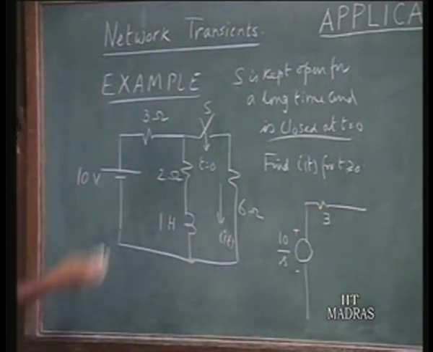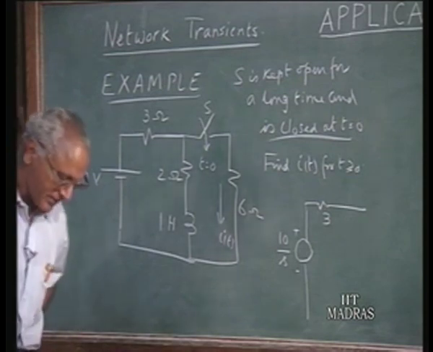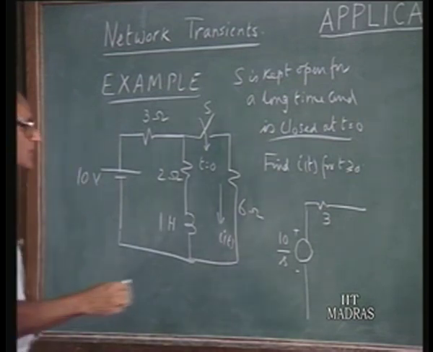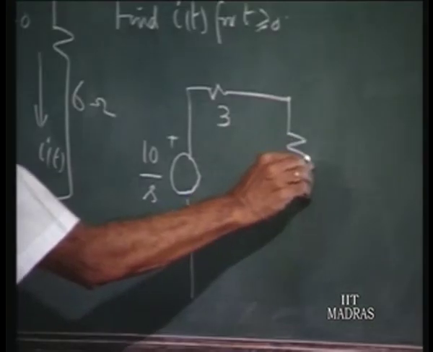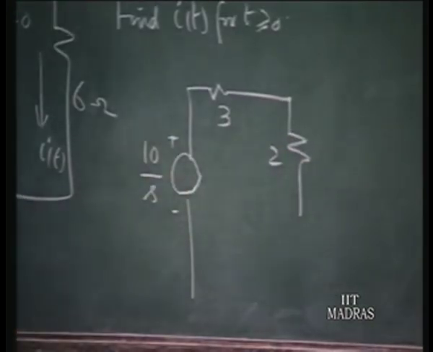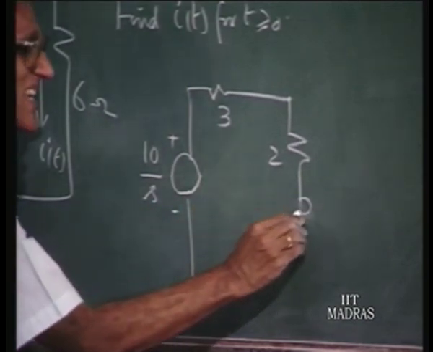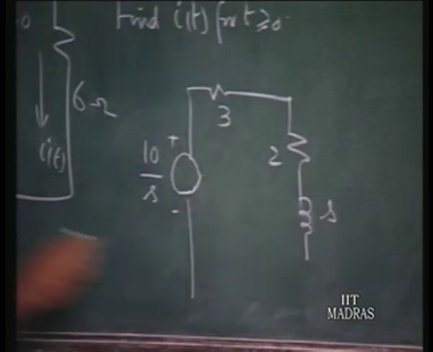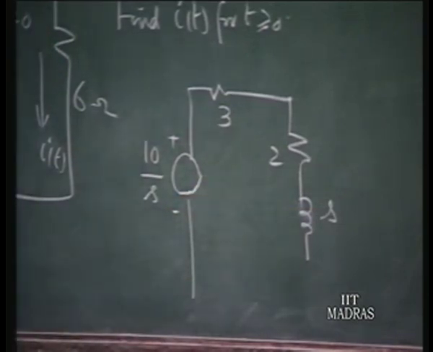The generalized impedance of the resistance is 3. Now this is 2. As far as the inductor is concerned, its generalized impedance is S, because it's 1 Henry inductance, therefore Ls is S.